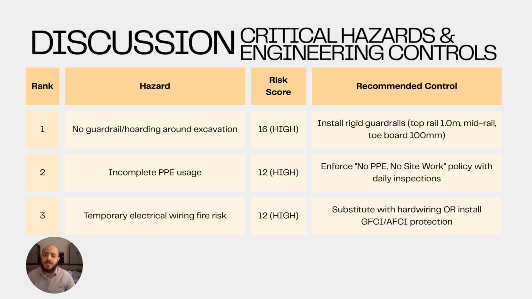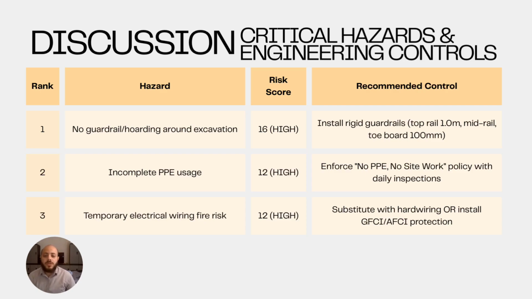Moving into the discussion section, our HIRARC analysis identified 3 critical hazards that require immediate attention. First, the most dangerous hazard is the unguarded excavation with a risk score of 16, classified as high. Currently, only warning tape is used, which provides no physical protection.